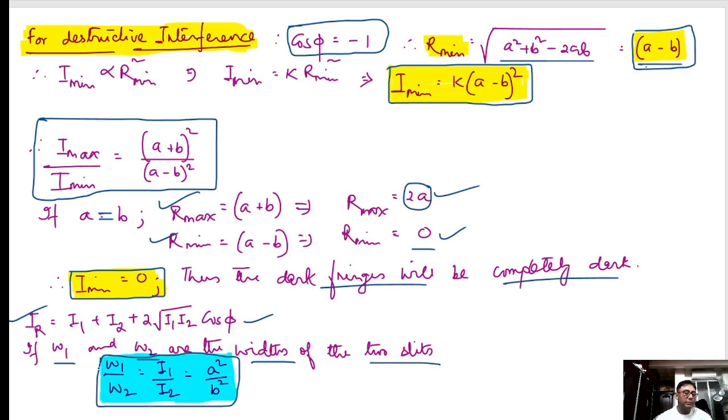Very, very important, because slit width is proportional to the intensity of the light, and proportional to the square of the amplitudes of the waves. Very, very important topic.